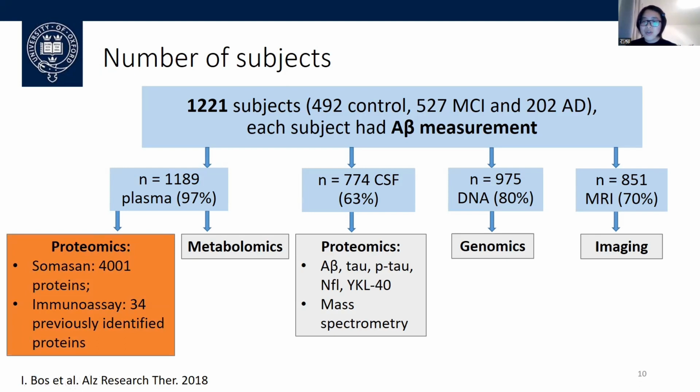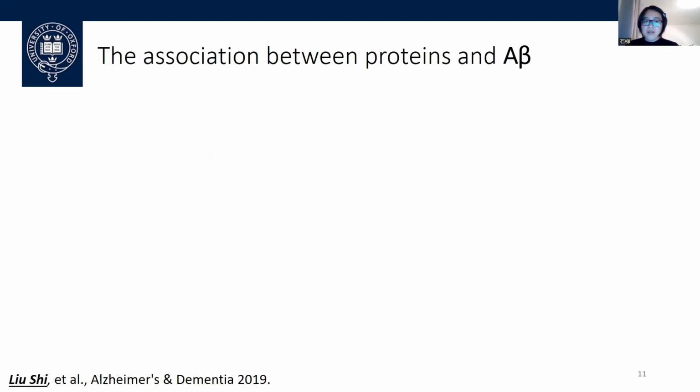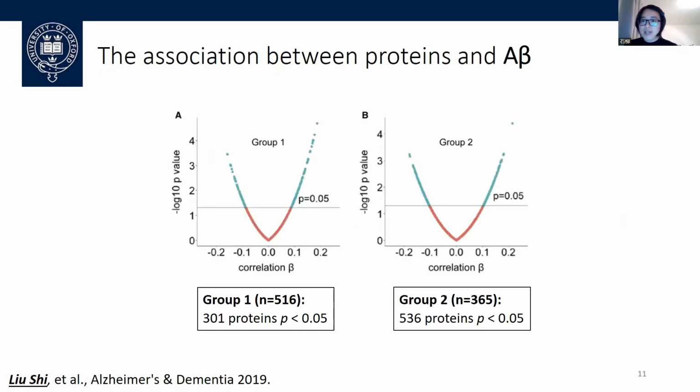So now I'll show you the results from the proteomics analysis. I'll first show you the results obtained from SomaScan, and then I'll show you the results from the immunoassay. For the SomaScan data, we first analyzed the association between proteins and A-beta.